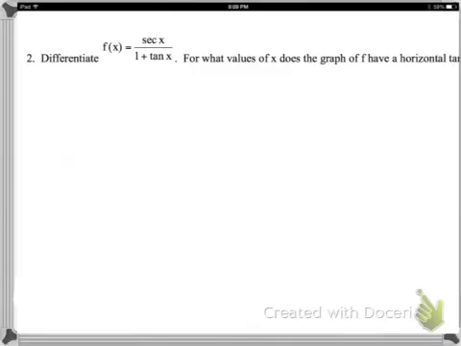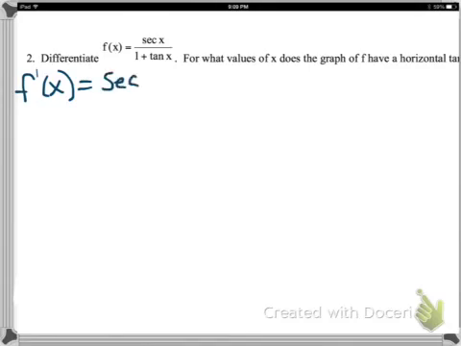Okay, next example. Differentiate that function, and then for what values of x do I have a horizontal tangent line? So first thing, I need to find the derivative. Okay, how am I going to do that? I'm going to use quotient rule. So the derivative of the numerator, derivative of secant, would be secant tangent.